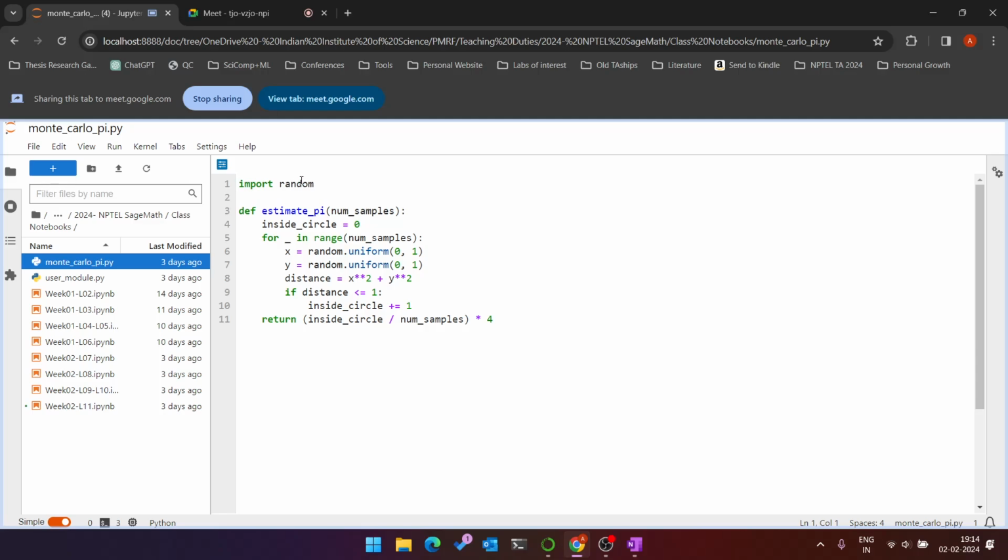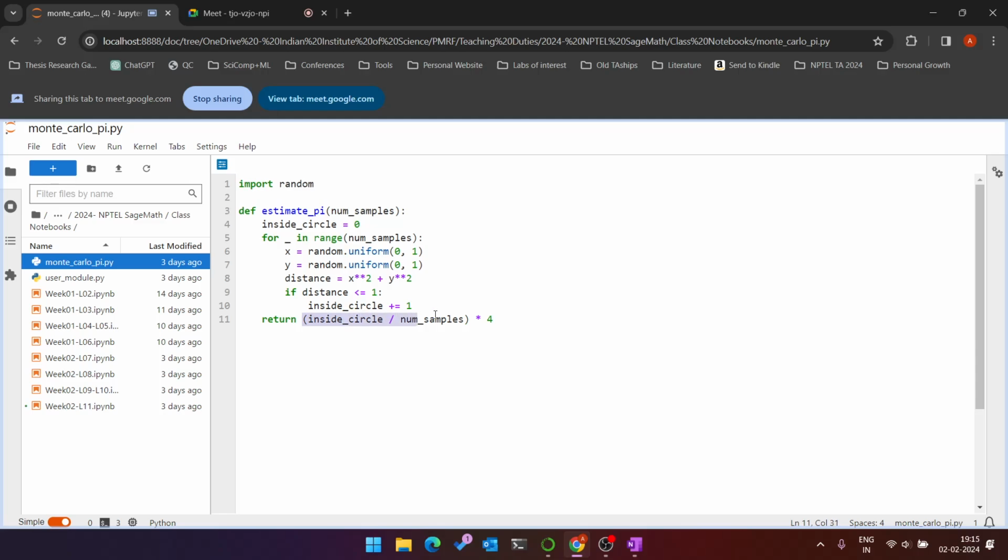Again, a straightforward function. We have seen this example, I think, 4 or 5 times in the class already, but how it does the estimation is, it will take n number of samples and assign an x between 0 and 1 randomly, assign a y coordinate again between 0 and 1 randomly, and check if this random point x comma y first lies within the first quadrant of the unit circle, and if it is so, we know that the ratio of samples inside the boundary of the circle to those outside will be pi by 4.